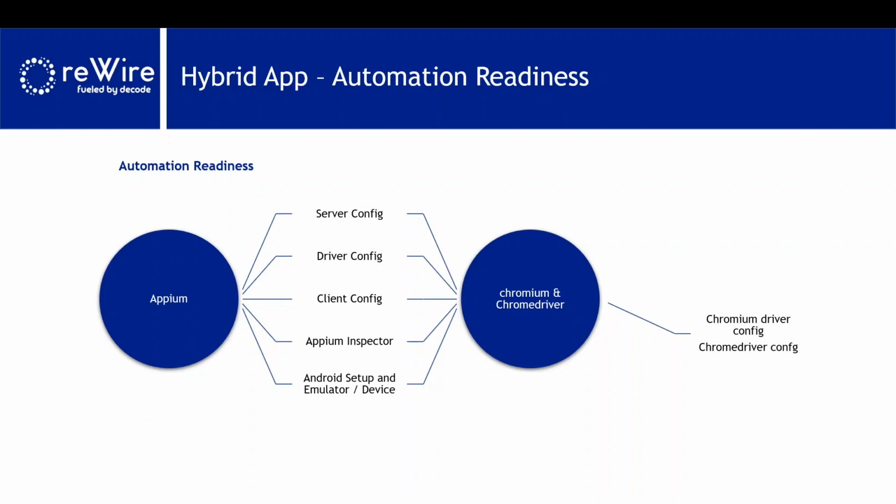What I'm trying to say here is that the setup we have for the native app is the same. There is no change at all. The additional things we need to install are Chromium and Chrome driver. That's the first configuration part.